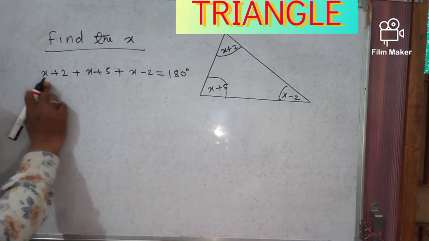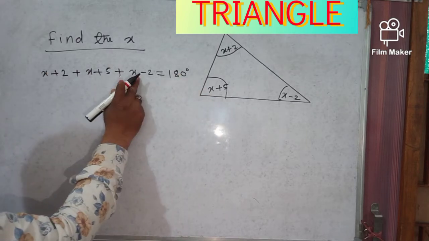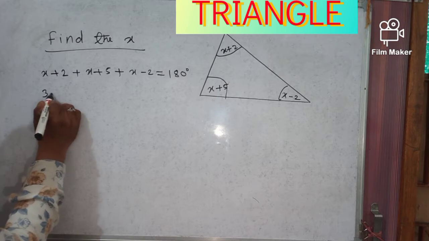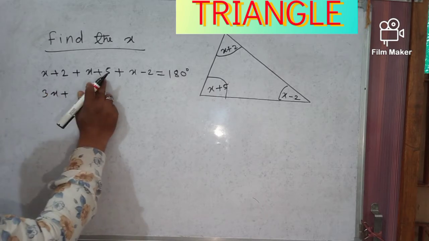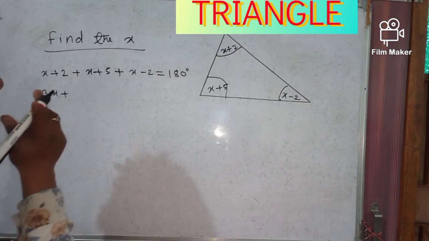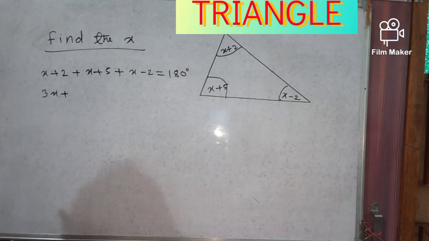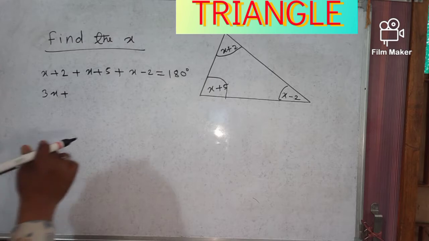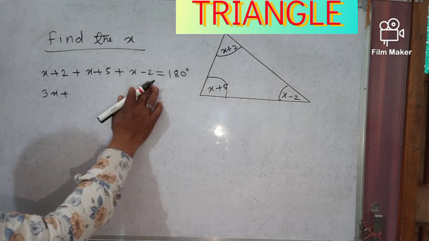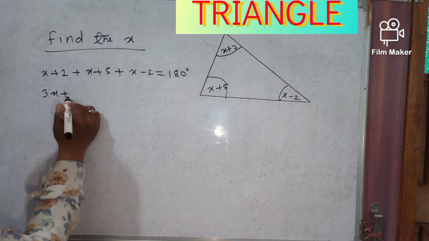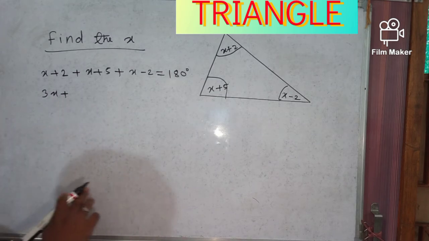Okay, so x plus x plus x is 3x, plus 2 plus 5 is 7, and 7 minus 2 is 5. One minute friends.